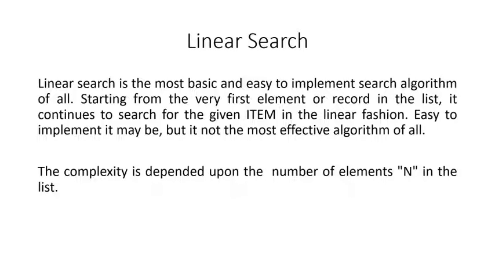For example, if you have 100 students standing and you are looking for a student whom you know by face, then you start with the very first student in the line and look for the student one by one till you find that student. So you are not applying any logic. You are just starting from the very first student and linearly approaching the search.